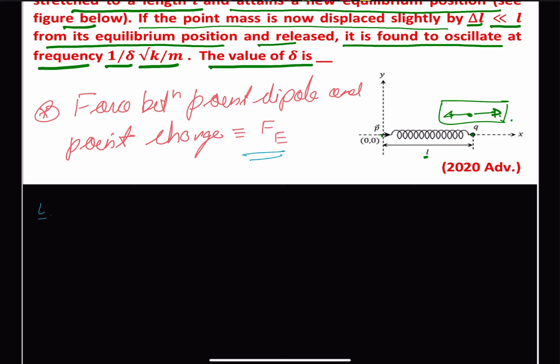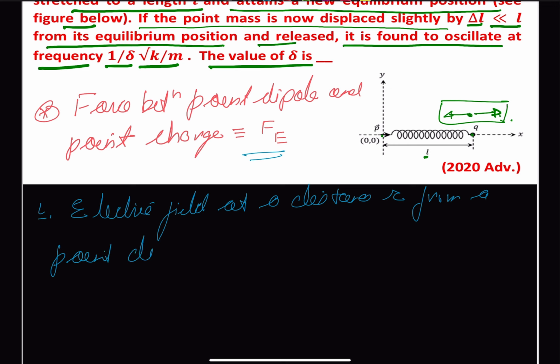The electric field at a distance r from a point dipole P will be equal to 1 upon 4 pi epsilon naught, twice P divided by r cube, multiplied by the r unit vector.